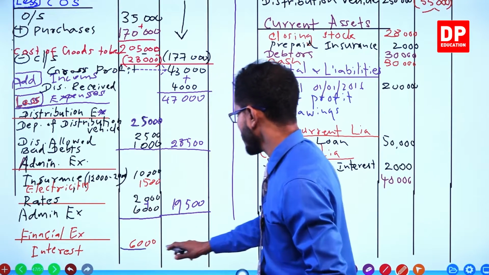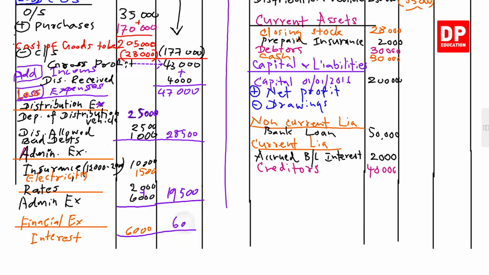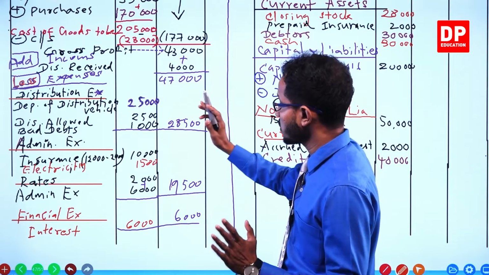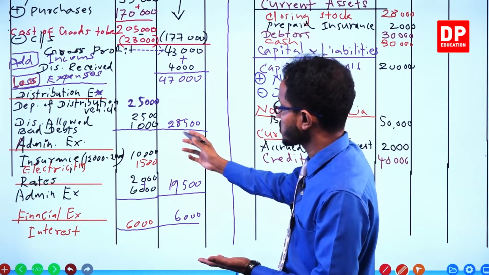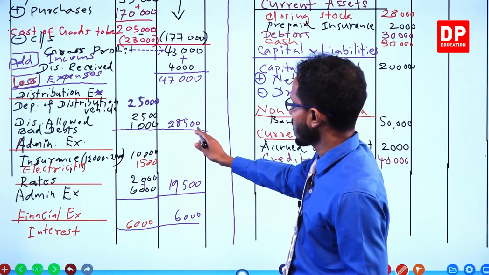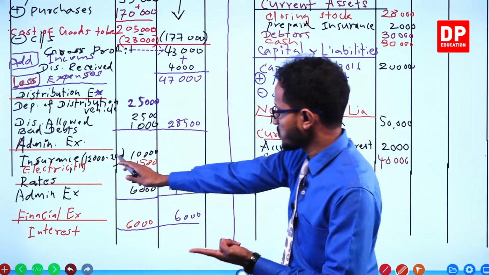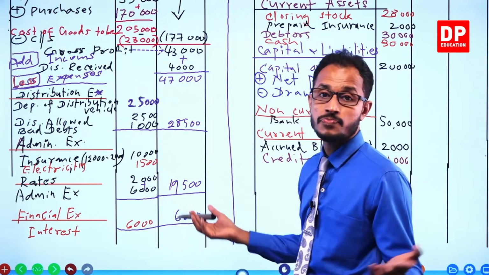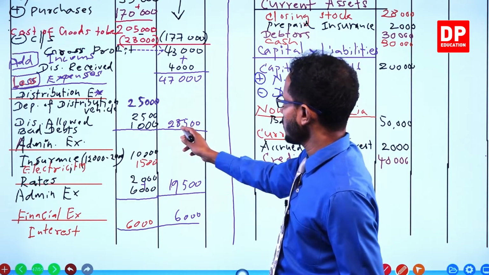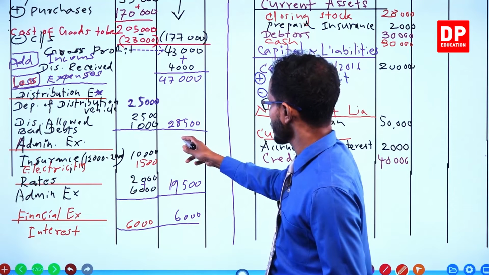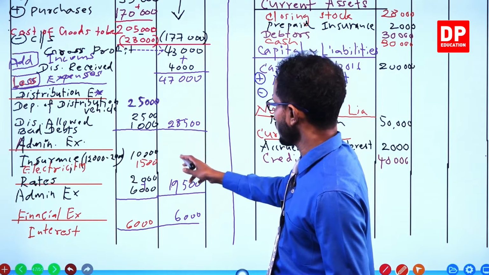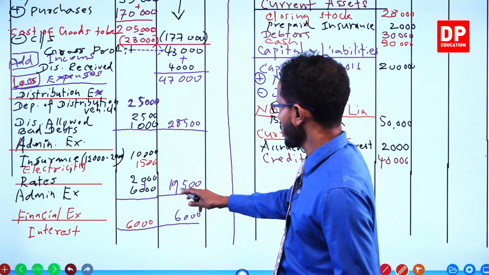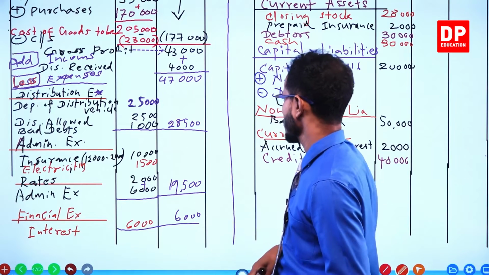Now financial expenses only 6,000. Now we have to add and take the total expenses. Distribution expenses we have 28,500, admin expenses we have 19,500, and financial expenses we have 6,000. Take the total. 28,500 plus 19,500, how much?